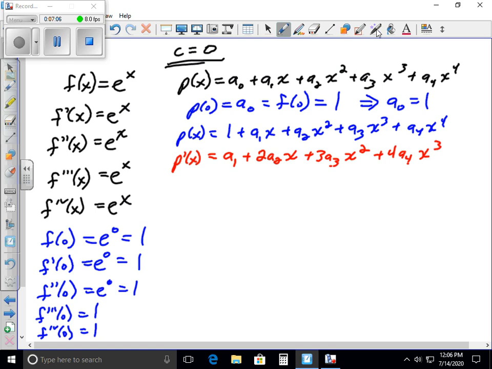If we substitute a 0 into there, every term that has an x in it is going to be 0. So we get a1, and that needs to equal our first derivative at 0, which in this case is 1. So a1 is also 1.